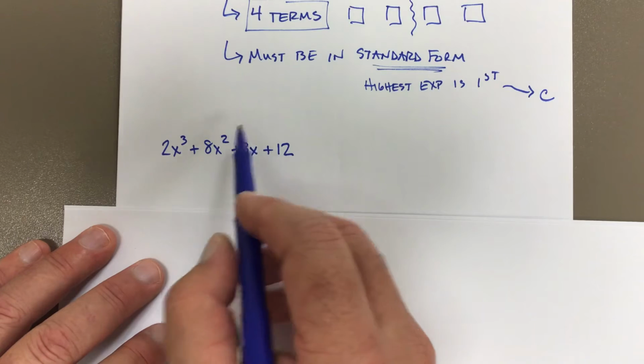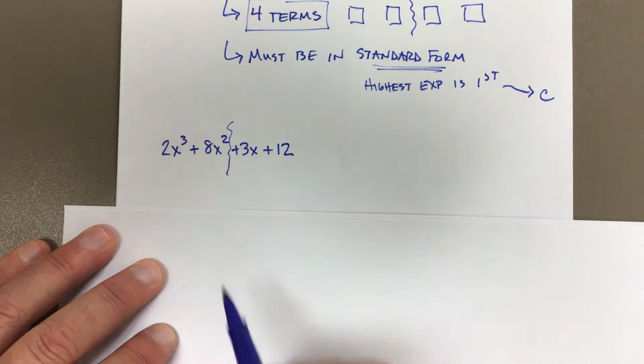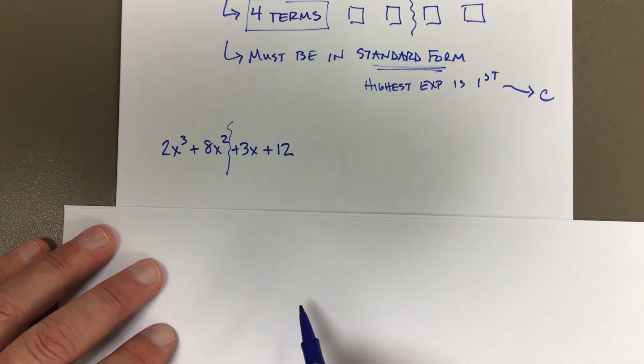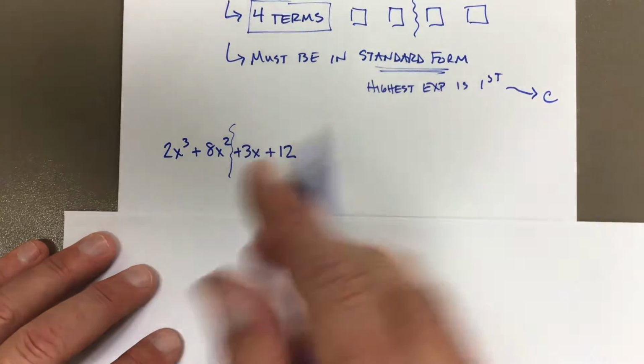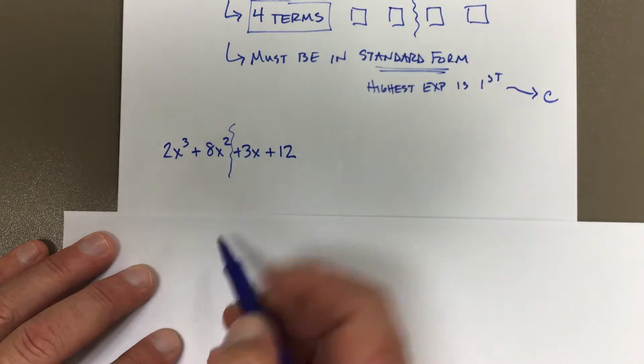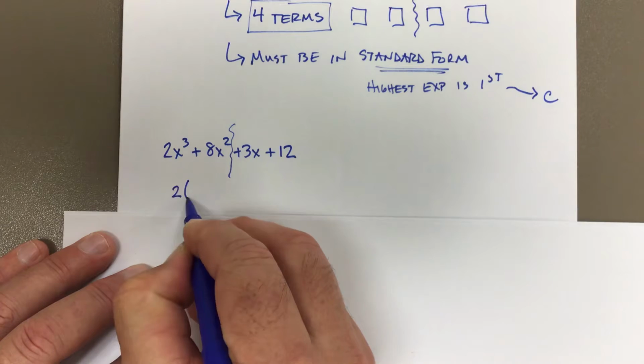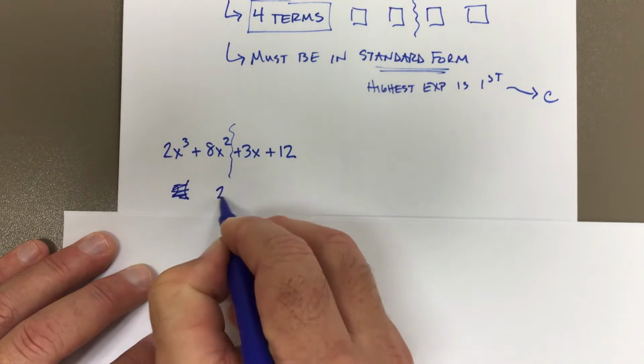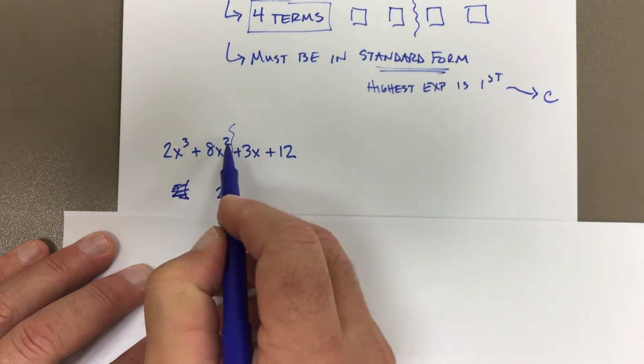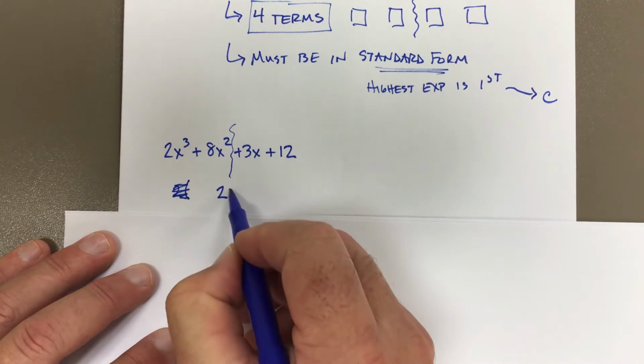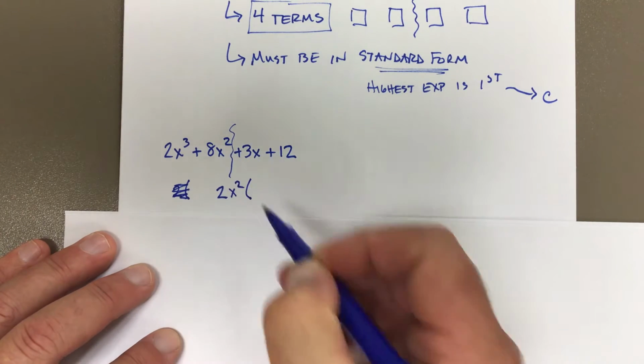So what we're going to do is break this in half here. We're just going to look at the first two terms. What does a 2 and an 8 have in common? They have a 2. And then x to the third and x squared, they have an x squared in common. Now what's left over?